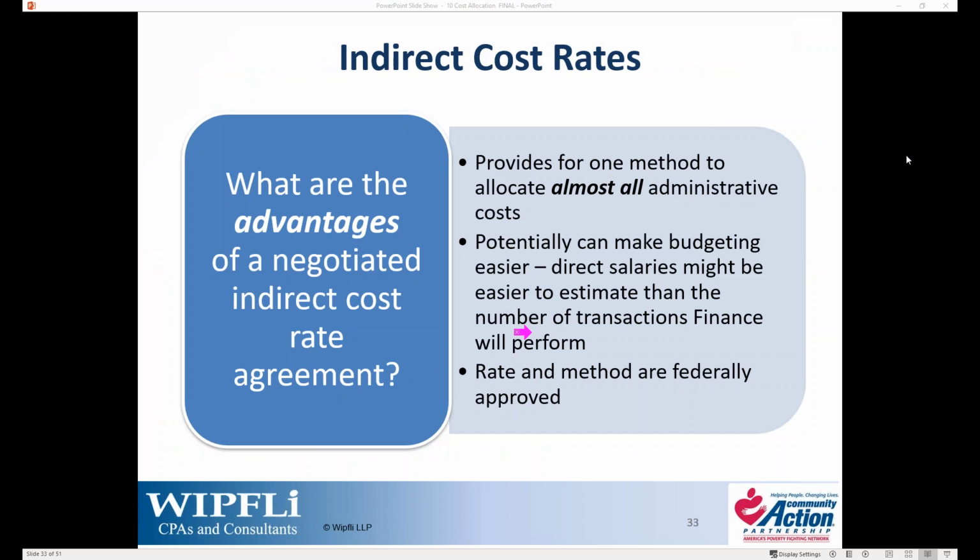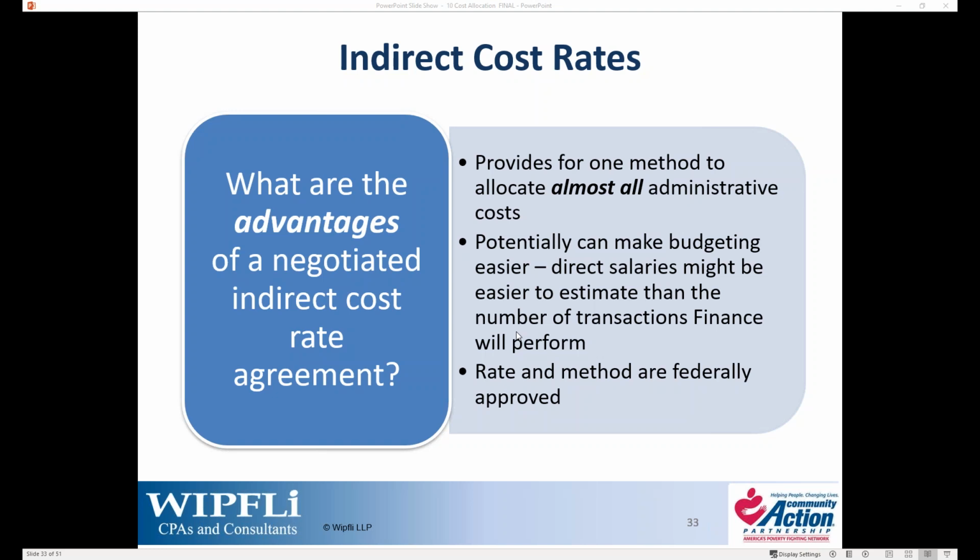What are the advantages of negotiating an indirect cost rate? Well, one of the advantages is that it provides one method to allocate almost all of your administrative costs. So you're not looking at different allocation methodologies. You're not looking at number of employees and number of computers and square footage and number of transactions. It's one method.